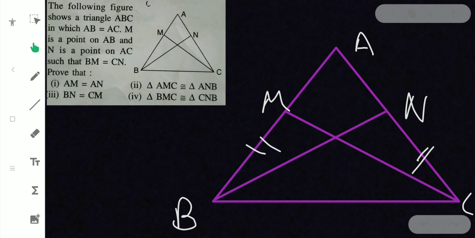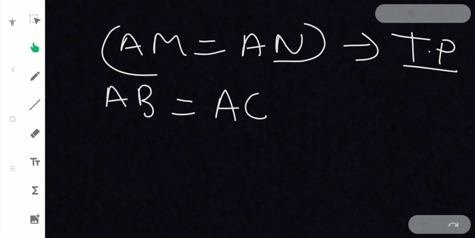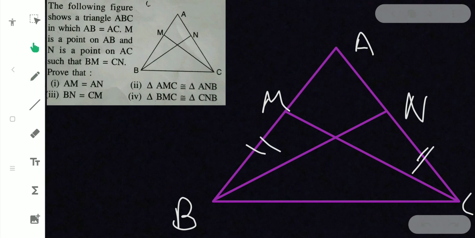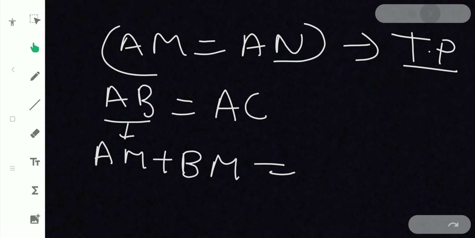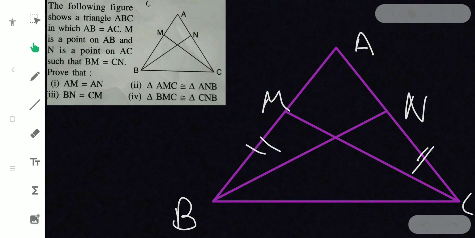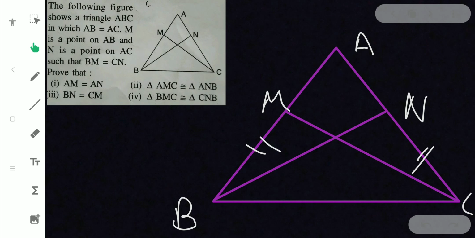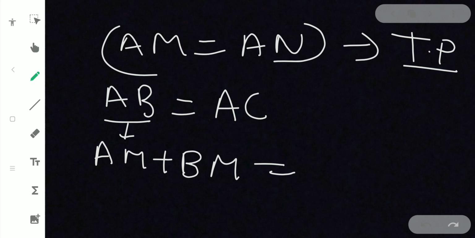So I'll write AB is AM plus BM, which is equal to AC. AC is nothing but AN plus NC.